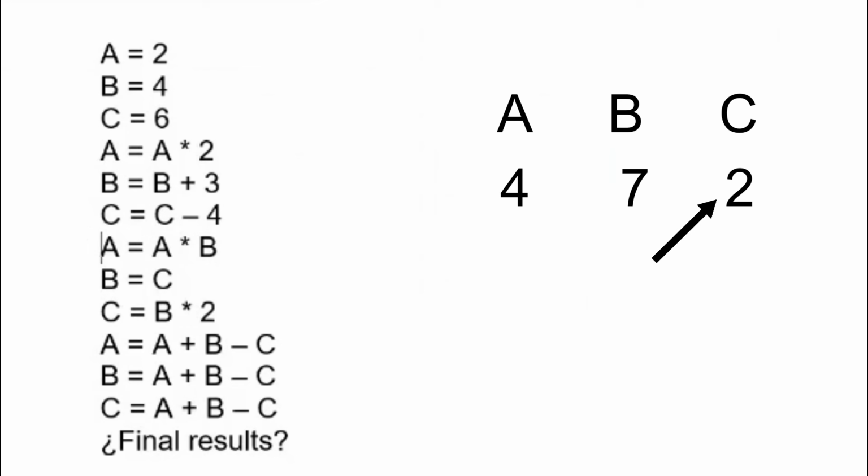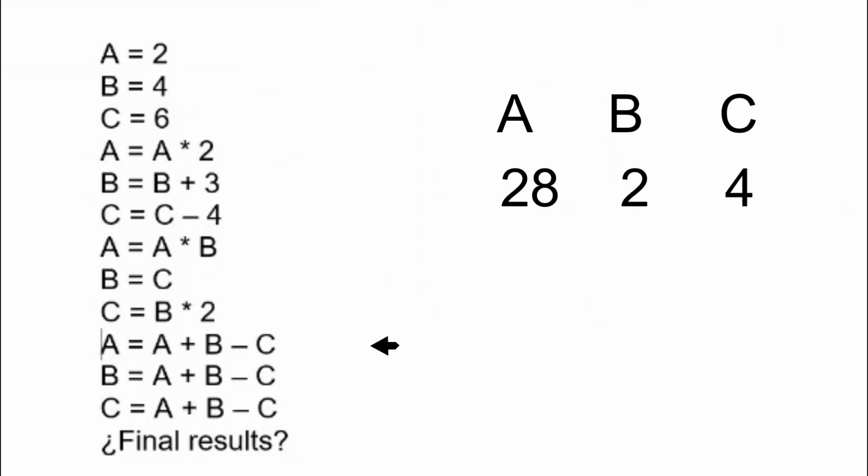The next one is store in variable A the result of multiplying the content of variable A by the content of variable B. The next one is store in variable B the content of variable C. The next one, store in variable C the result of multiplying the content of variable B by 2.